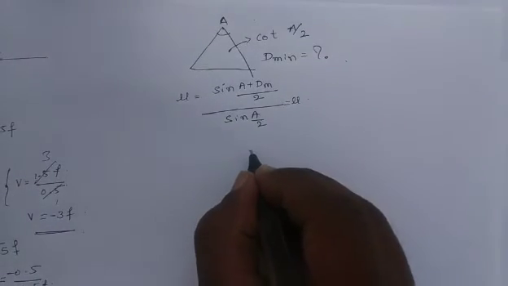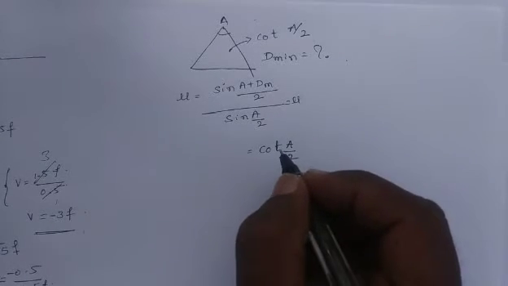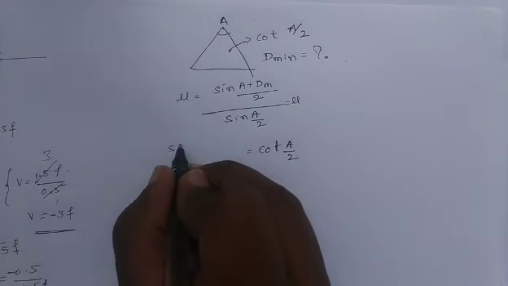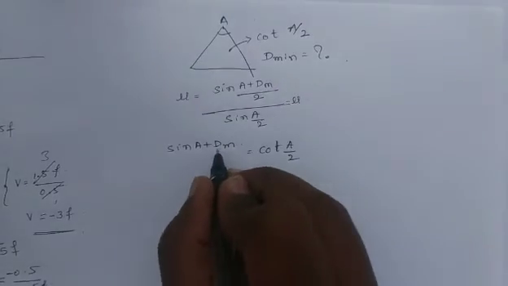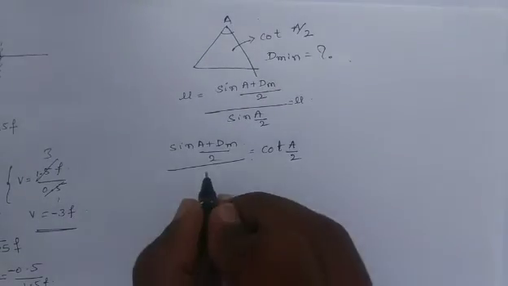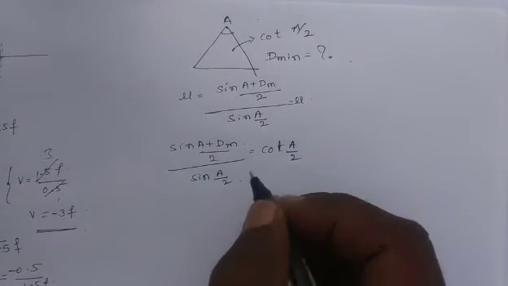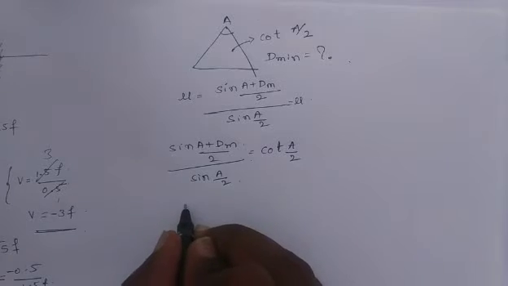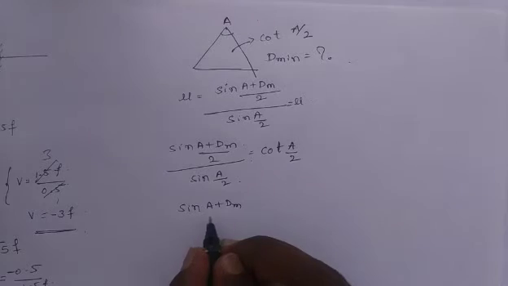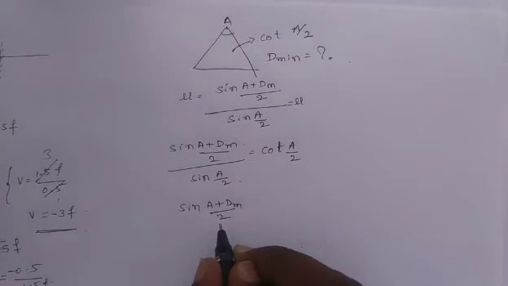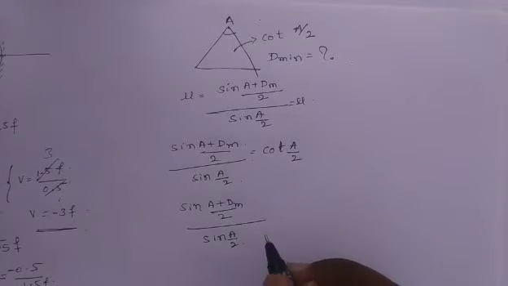So mu is cot A by 2, and here sine of A plus minimum deviation divided by 2, whole divided by sine A by 2.